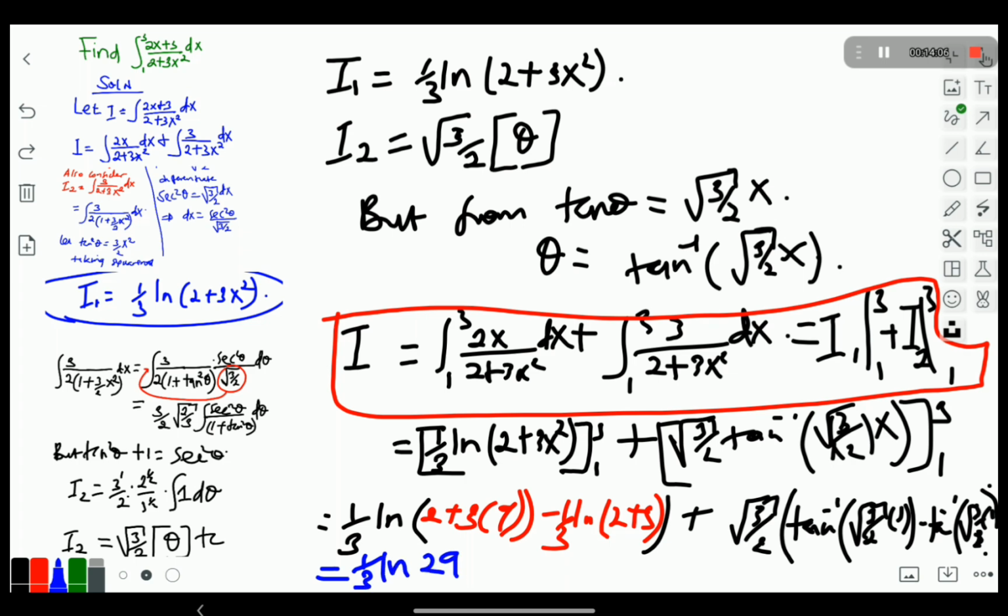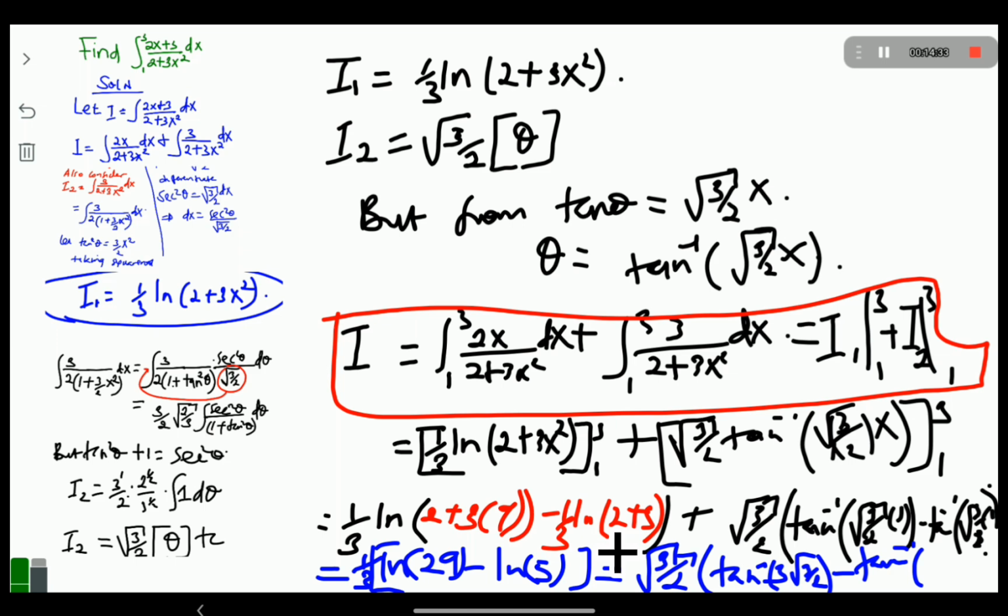So it will be ln of 2 plus 3 times 9, which is 29, then minus ln of 2 plus 3, which is 5, the natural logarithm, then plus root 3 over 2 times tan inverse of root 3 over 2 times 3, then minus tan inverse of root 3 divided by 2.